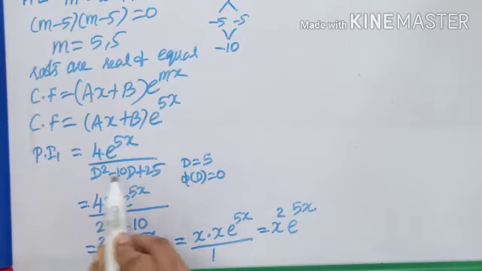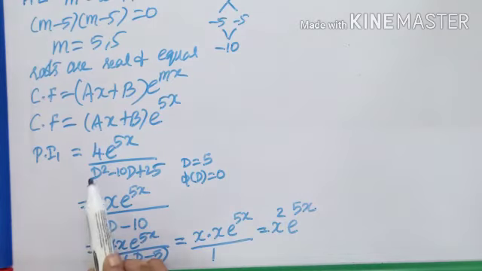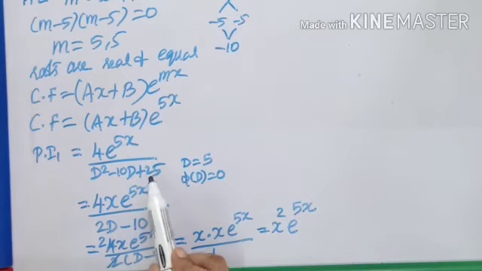First time I put D equal to 5, it becomes 0. Whenever the denominator is 0, put x in the numerator and differentiate the denominator. Remember, D square becomes 2D minus 10, D becomes 1, 25 constant will become 0. If I take 2 common out, it becomes D minus 5.